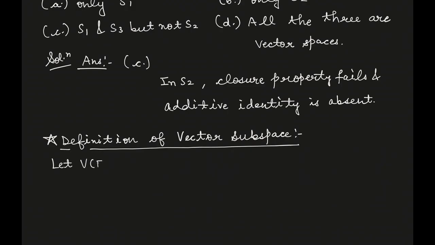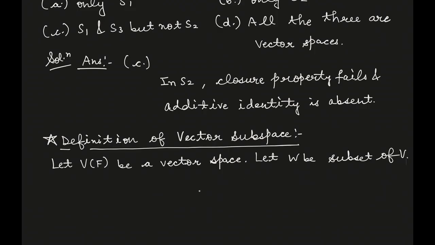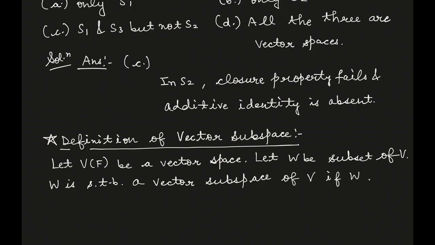Let V(F) be a vector space, let W be a subset of V. W is said to be a vector subspace of V if W is itself a vector space.